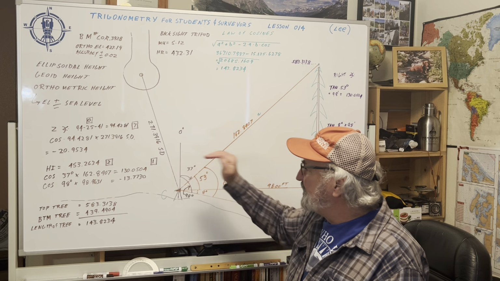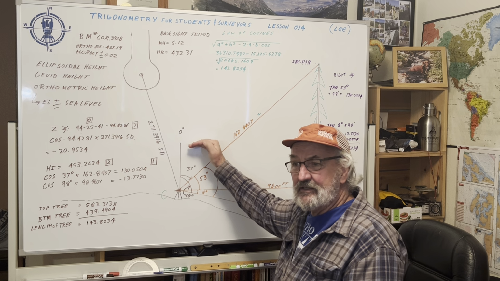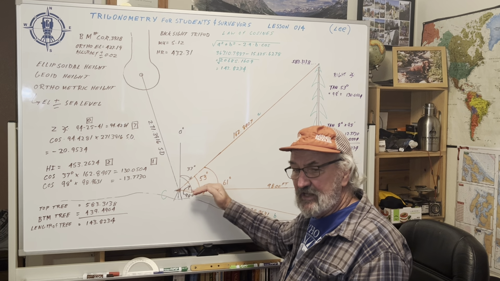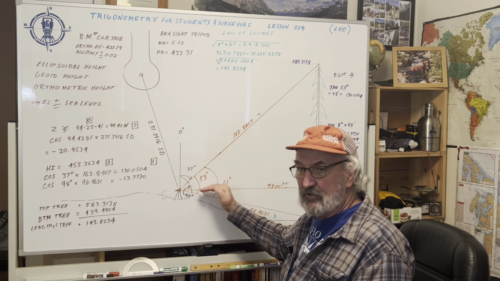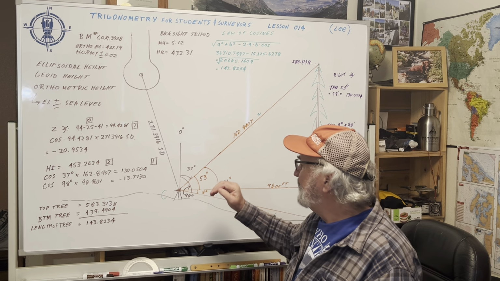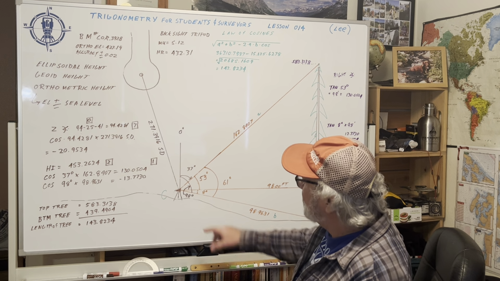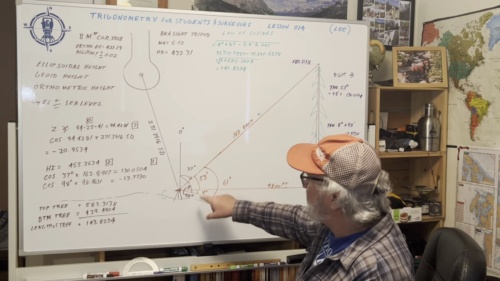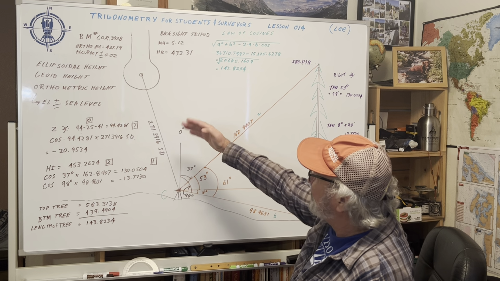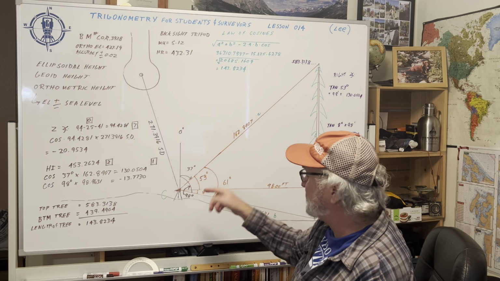Every time it shoots to the prism, the rod man is telling it what the prism height is, what the rod length is, and it's subtracting that to give you the elevation at the bottom of the rod, whether it be a ground shot, a curb shot, a monument shot, or finished floor elevation, whatever it happens to be. That's just transferring your elevation from your gun to that using trigonometry. This is the same thing, only backwards. This doesn't have an elevation, but that does. So we're backing in the elevation to here.